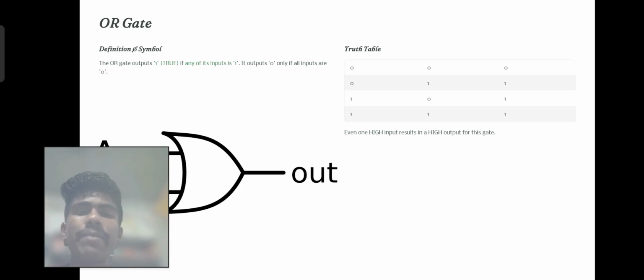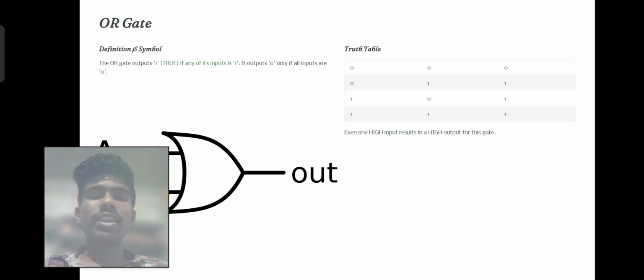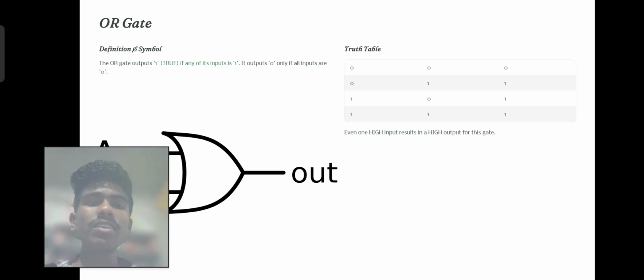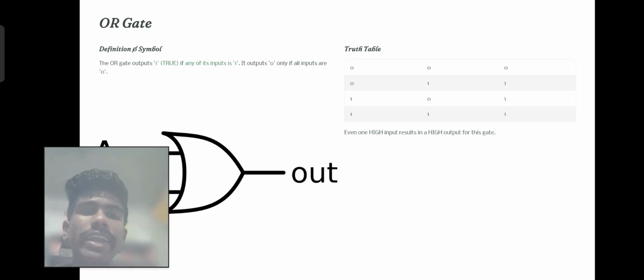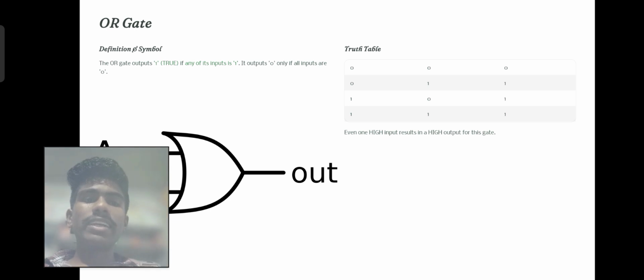An OR gate may therefore be defined as a device whose output is 1 even if one of its inputs is 1. Hence, the OR gate is called an any or all gate. It is called an inclusive OR gate because it includes the condition where both the inputs can be present.